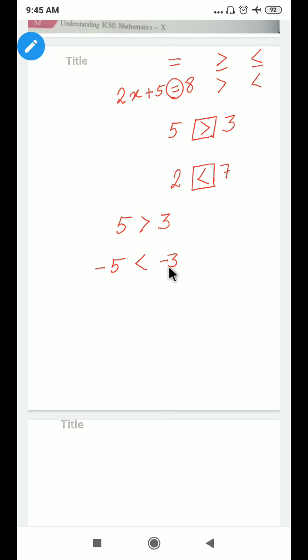Because -3 comes to the right-hand side of -5. If you go to the number line, you can see 0, -1, -2, -3, -4, then -5. So -3 comes after -5. That means -3 is bigger than -5.